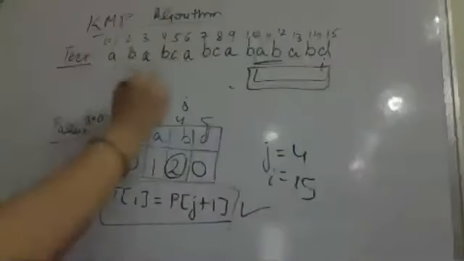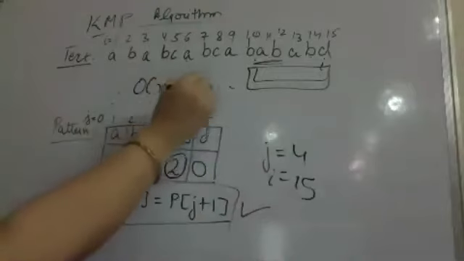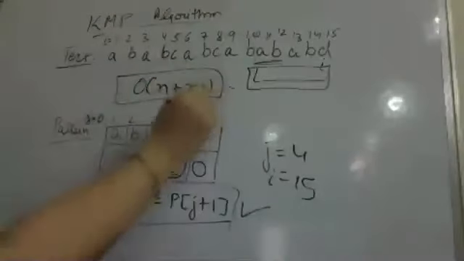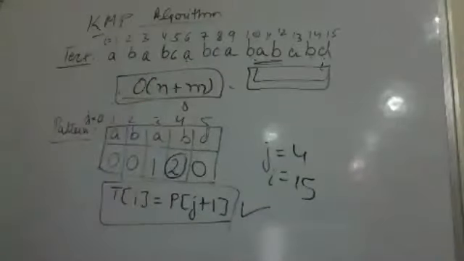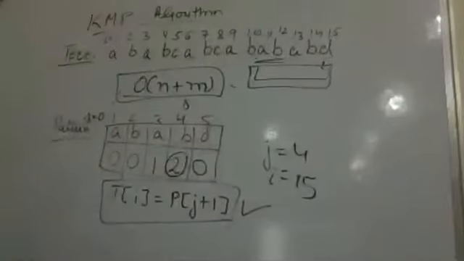So the complexity of the algorithm is reduced considerably to the order of n plus m, which is a considerable reduction in the complexity of searching a substring within a given string. Is that clear to all of you? Anybody, any doubt?